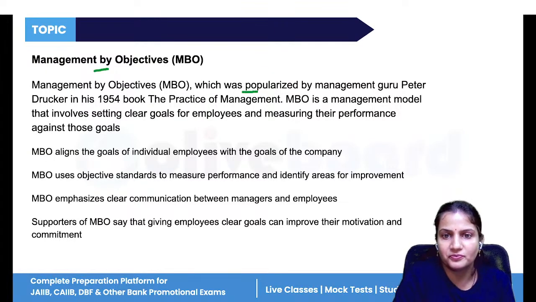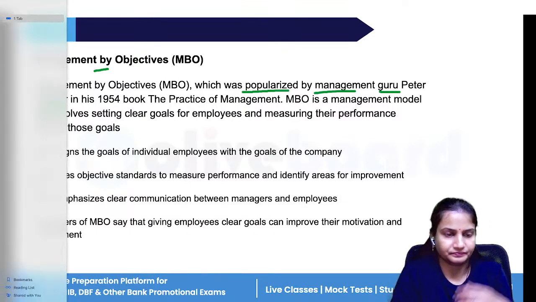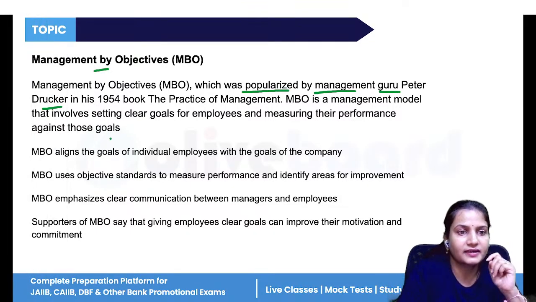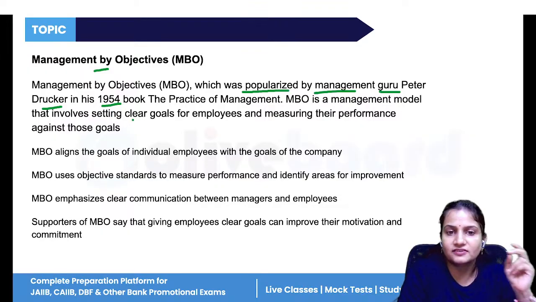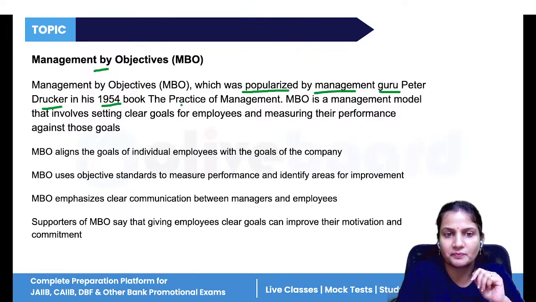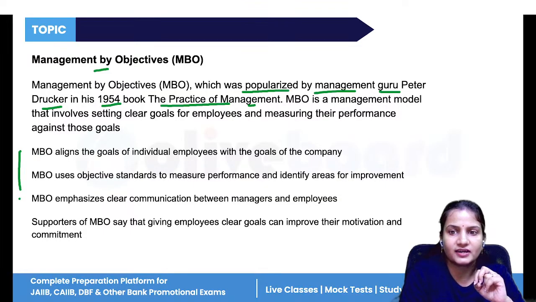So what is MBO? It was popularized by management guru Peter Drucker in the year 1954, in his book The Practice of Management. MBO says that the goals should match the goals of the company.